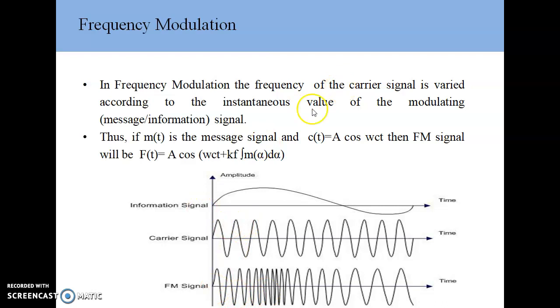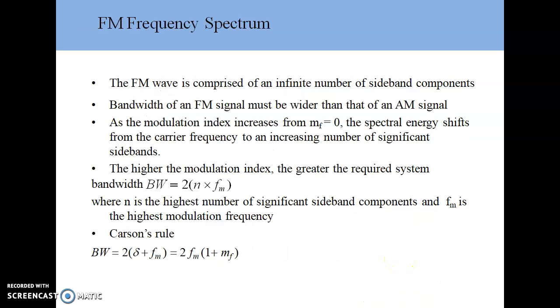As the amplitude of your information signal is increasing, the frequency of the carrier is increasing. And at the maximum peak, the frequency modulated waveform will have maximum frequency. At negative peak, it will have minimum frequency. If you see the frequency spectrum of an FM modulated signal, that is given by twice n into fm, where n is the number of sidebands.